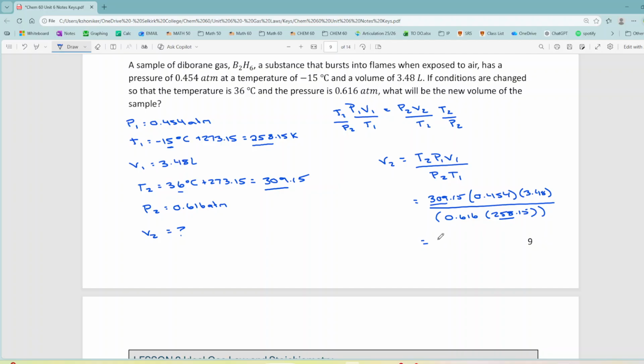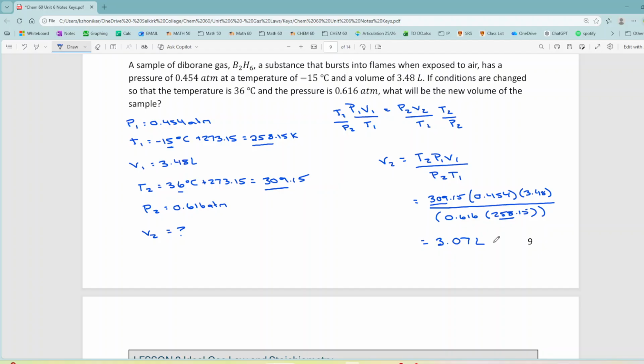The value I get for volume is going to be, oh, I think I typed something into my calculator wrong. One sec. Yeah, I didn't know what I did there. I got an answer in the hundreds. I was like, that feels wrong. So my volume is going to go down to, and I'm going to 3 sig figs, 3.07 liters as my final answer.